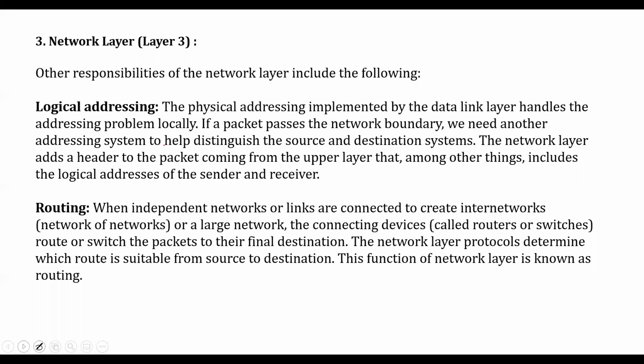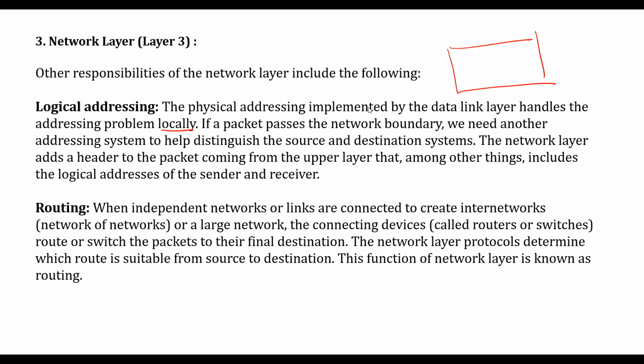I already explained, the physical addressing implemented by the data link layer handles the addressing problem locally. Locally means, for example, we are all connected to a Zoom link. This Zoom link is a single network. Here I have all the details, 6013 here, 6012 here, and Vincent here, Joshika here, Raidu is here, Nikhil is here.